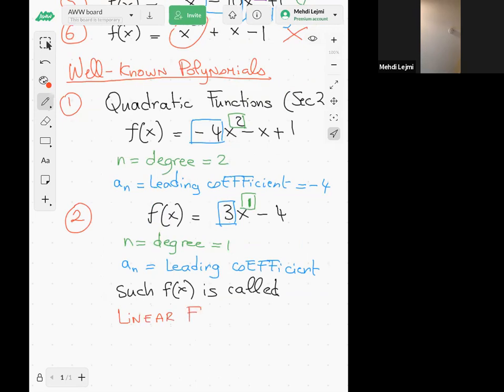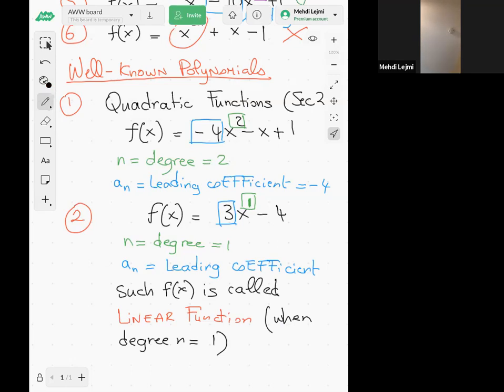So what do I mean by linear function? Well, that's a polynomial where the degree n is equal to 1. When the highest power of x is 1, then it's called a linear function.